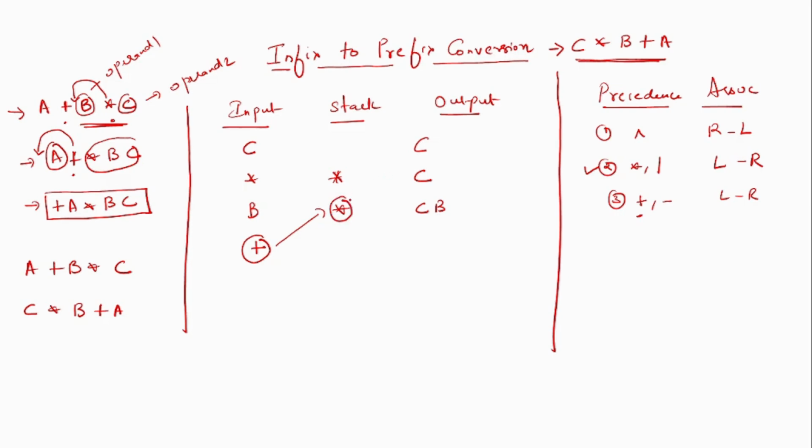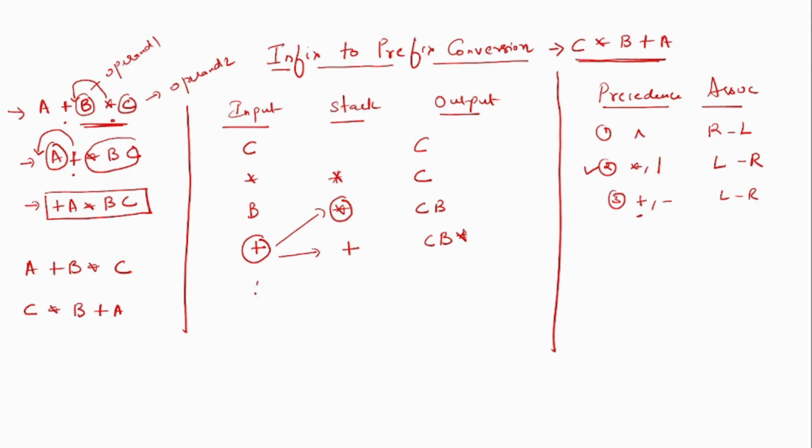The operator in the stack is multiplication, the incoming operator is plus, so we pop star and then push plus into the stack.